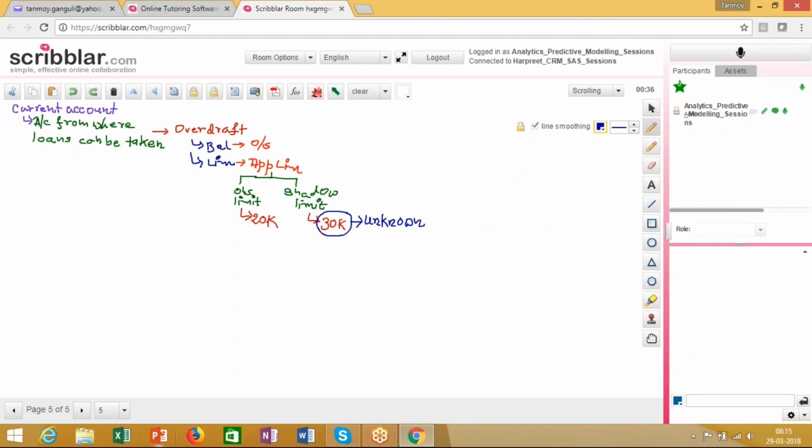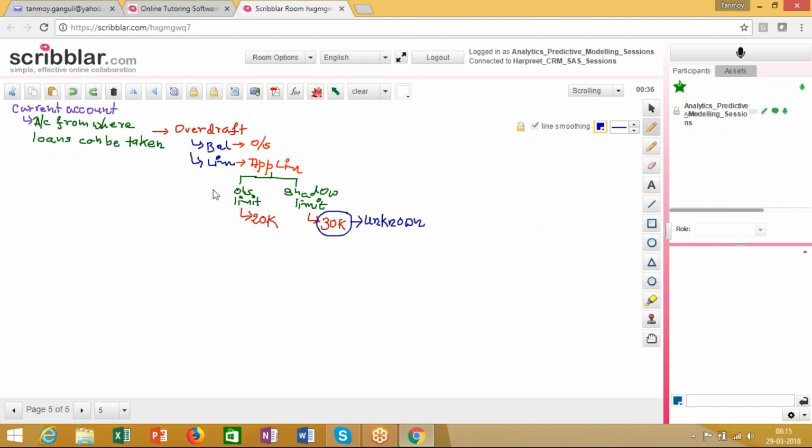Now it is not necessary that every overdraft product will have a shadow limit. You can come up with only the observed limit as well, so you know that is the limit of the card. Accounts which have a shadow limit are charged differential rates of interest.